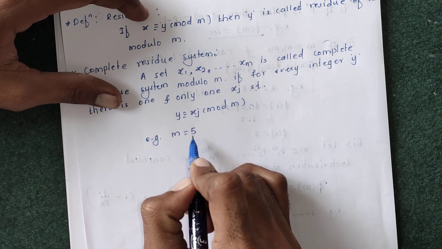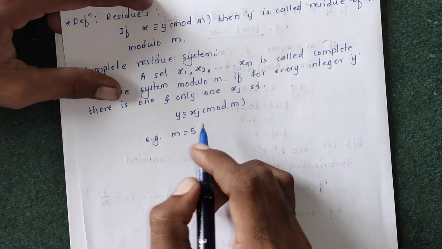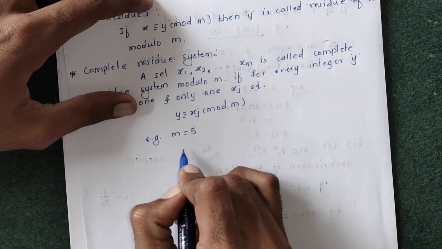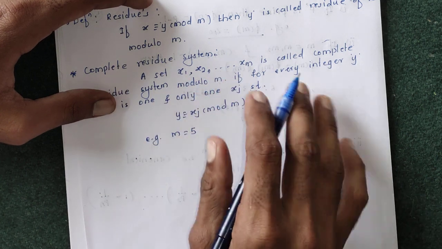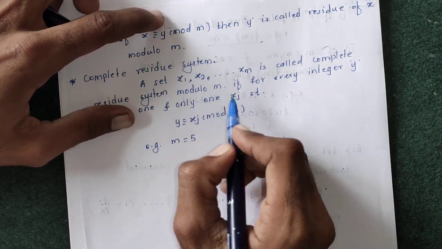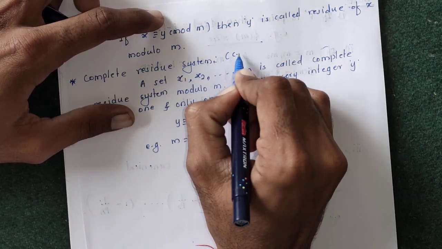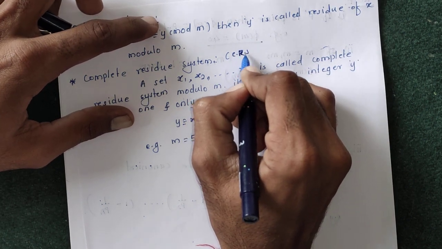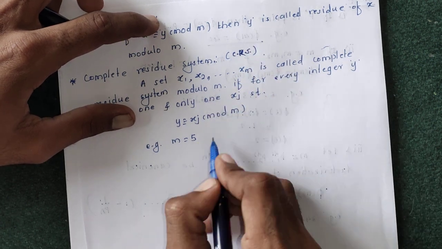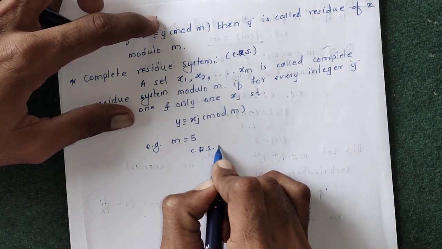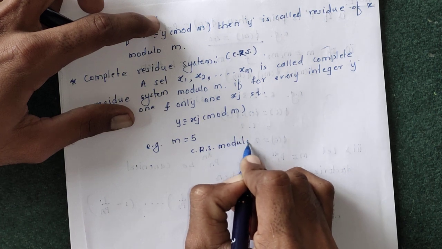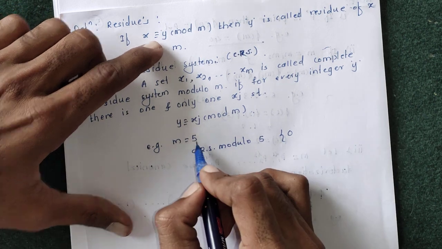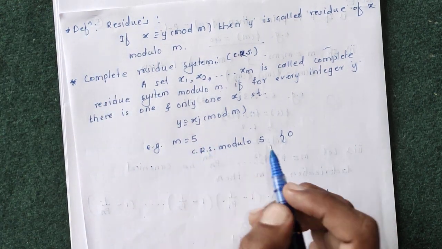If we divide 10 by 5, then we get remainder 0, so the C.R.S. under modulo 5 must contain 0, since whenever we divide 10 or 15 by 5, we get remainder 0.